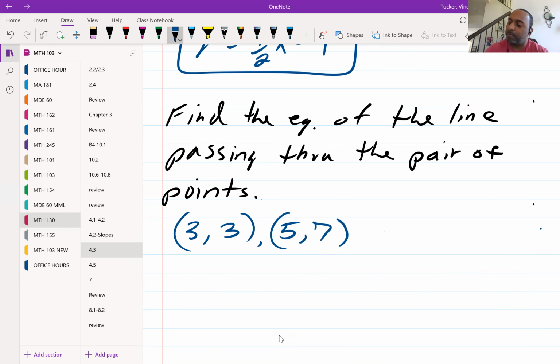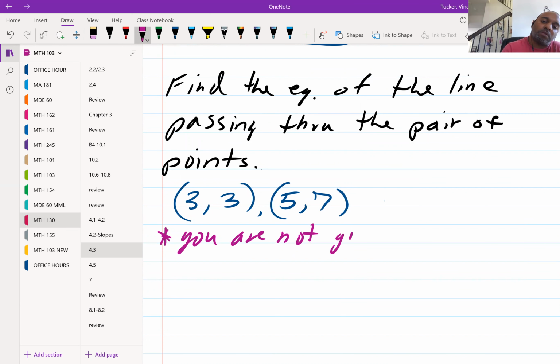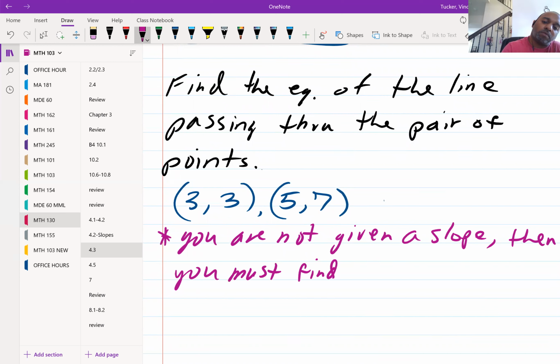So they give us (3, 3) and (5, 7). So if you're not given a slope, then you have to find the slope first. So that's always going to be the case.